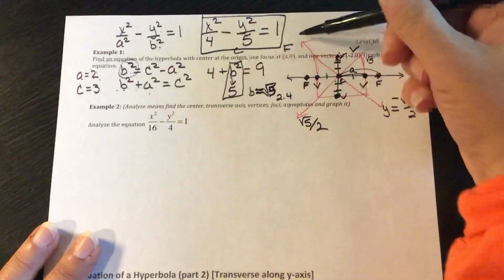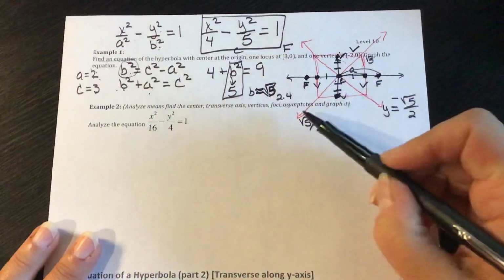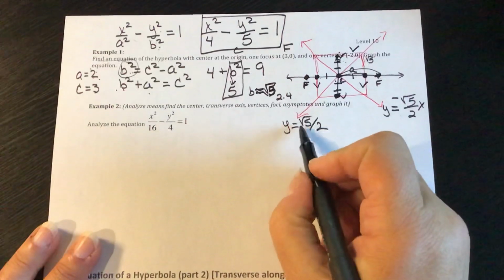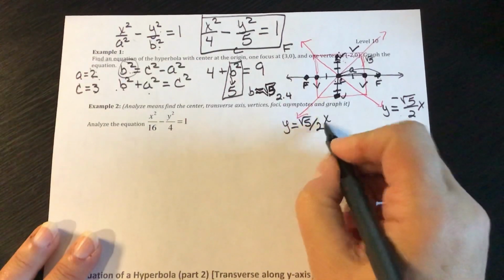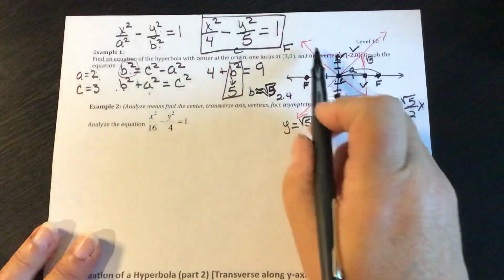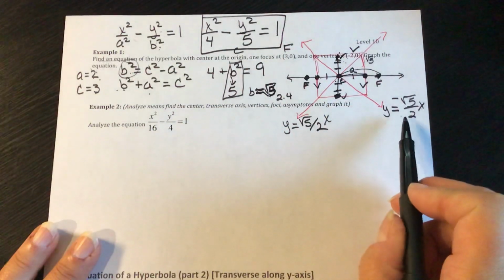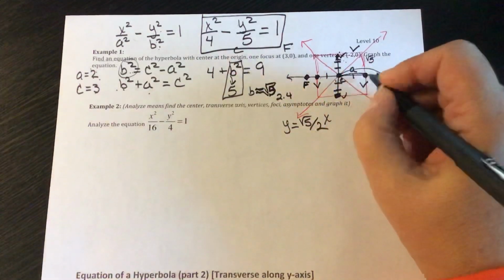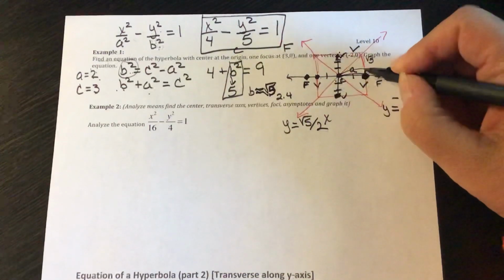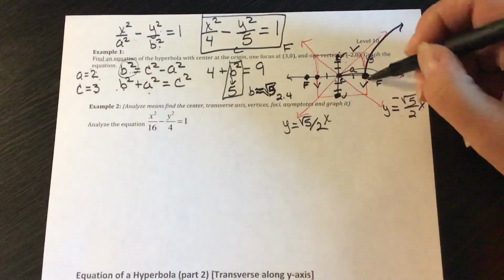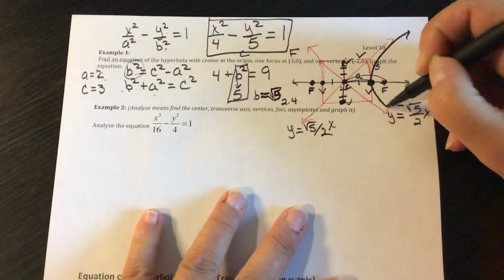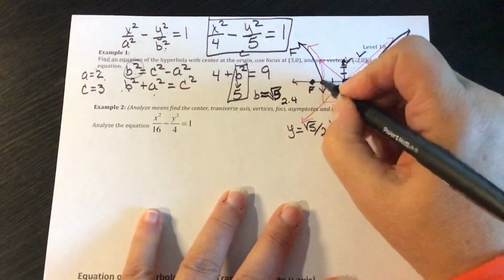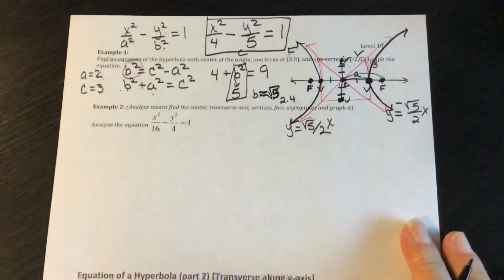And this one is the same thing, but it's negative. Okay, so the equations are y equals square root of 5 over 2 times x. One line is positive, one line is negative. And then to complete the branches of the hyperbola, on the vertices, I'm going to draw this in, and it's going to approach my asymptote, but not cross it. So it looks like that.